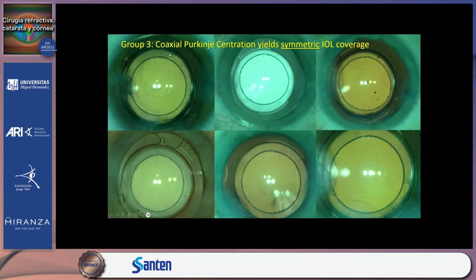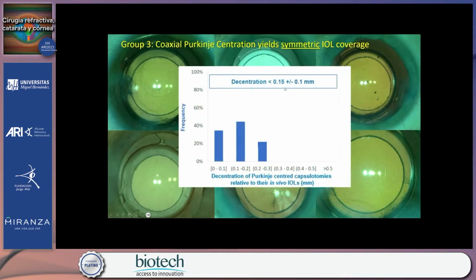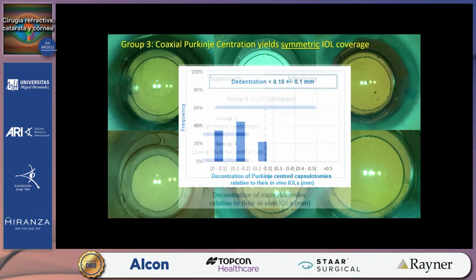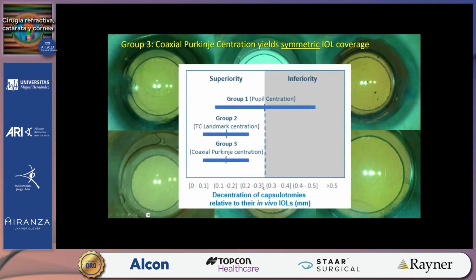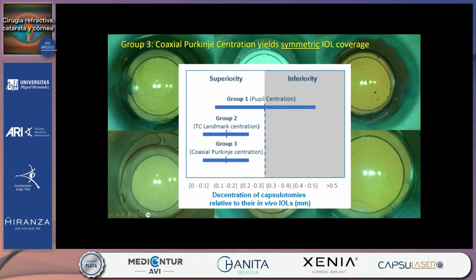We move on to the coaxial Purkinje centration group. We see, again, very similar symmetric IOL coverage, and the statistics are very similar to those reported previously. Looking at the decentration of capsulotomies relative to the IOLs, we can see the range on the left-hand side being favorable and then becoming more decentered to the right.